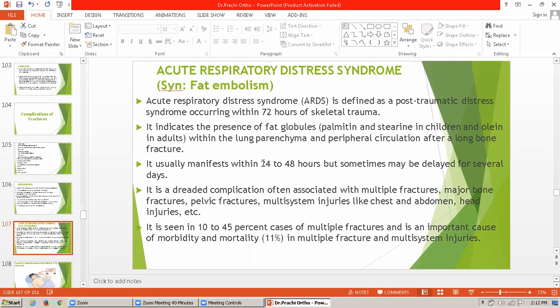It usually manifests within 24 to 48 hours but sometimes may be delayed for several days.